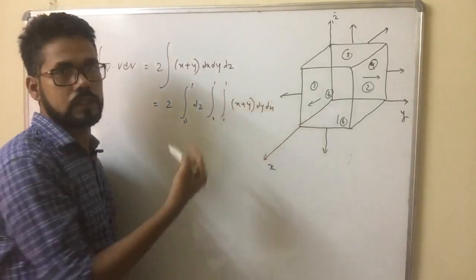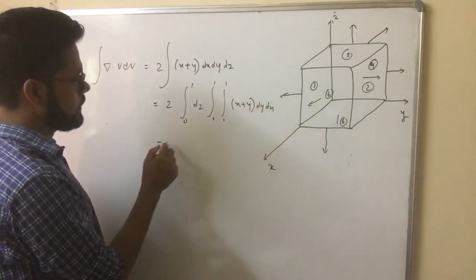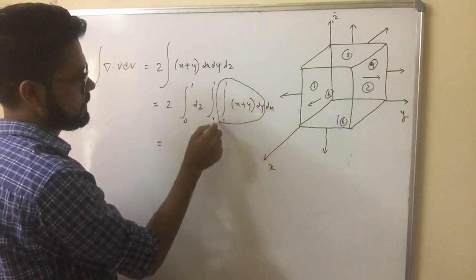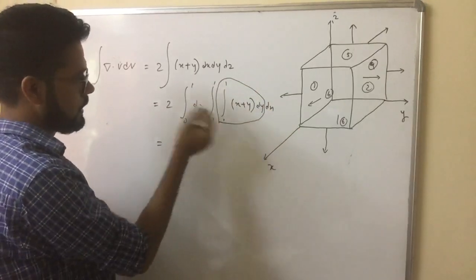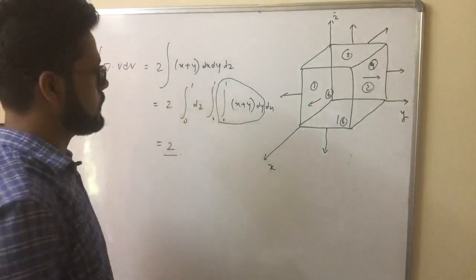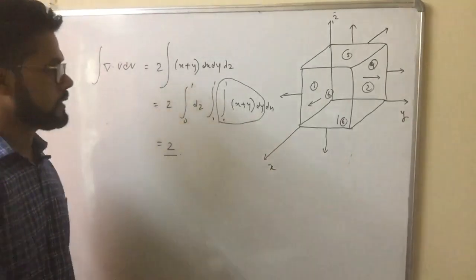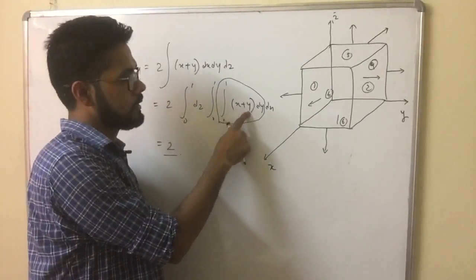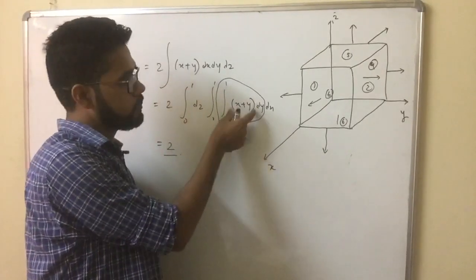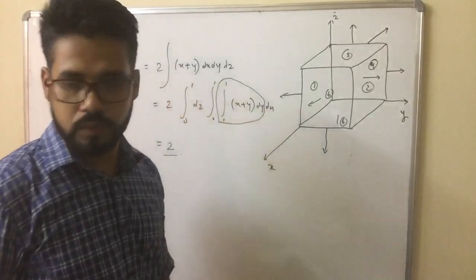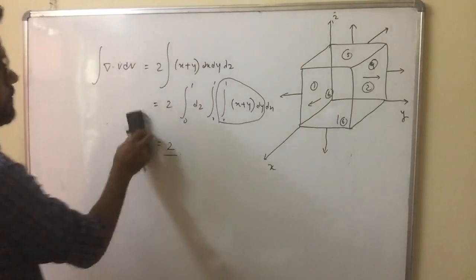This is a unit cube, that is what they have given. First you take the integral with respect to y and then put the limiting values, and then you will find 2. I am not going to calculate it, this is a simple integration. The first term will be x y, the next term y squared by 2. Then put in the limits. After that, again do the integration with respect to x. This is the way you have to do it.